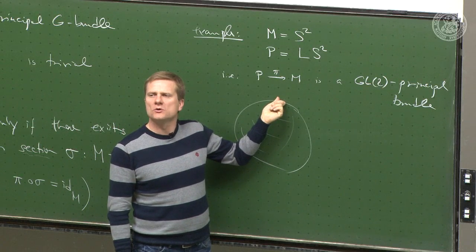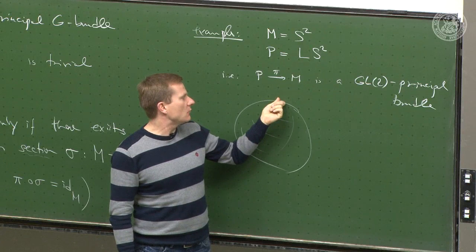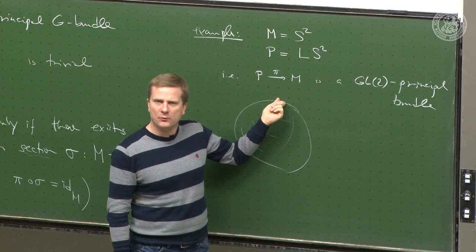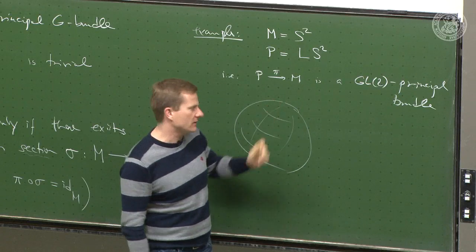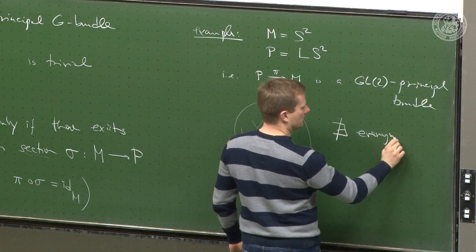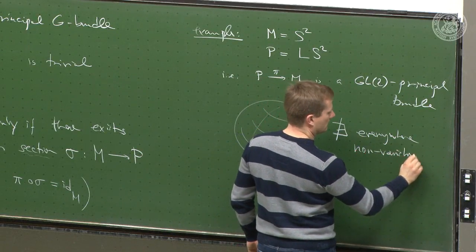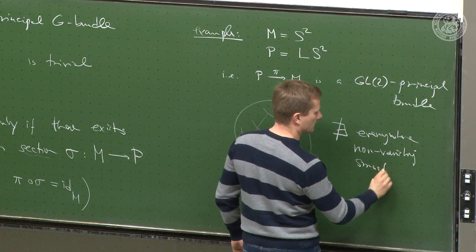Well, there is no such thing, because we don't even have an everywhere non-vanishing smooth vector field.